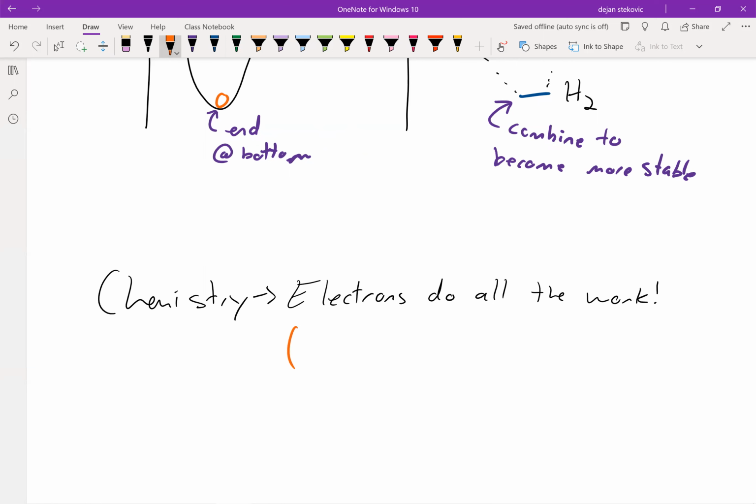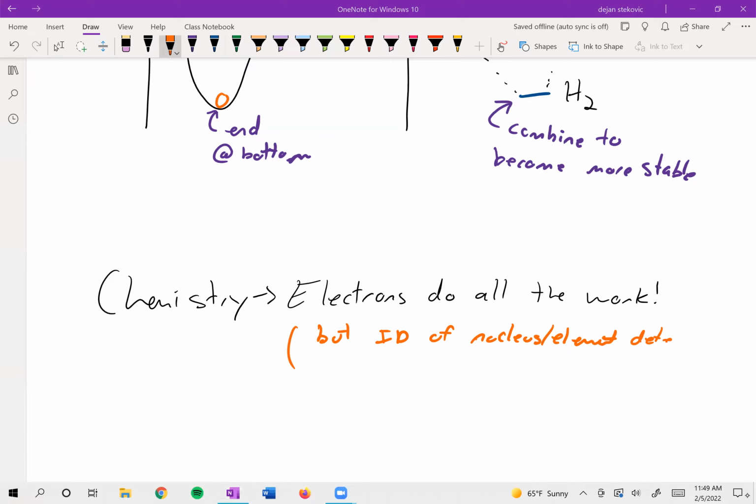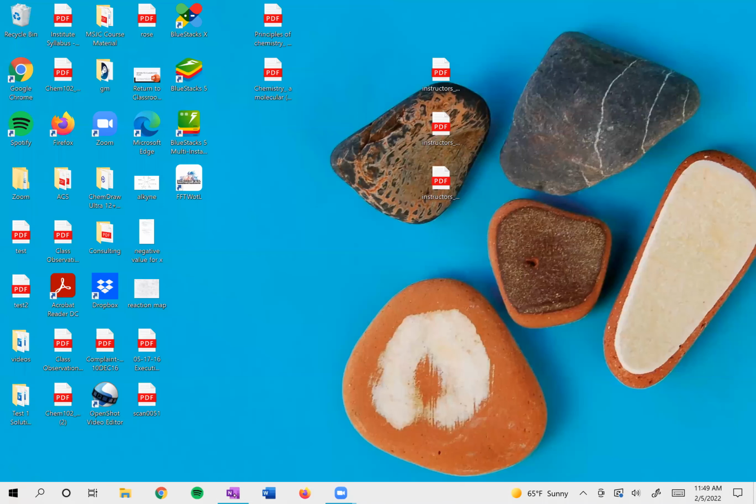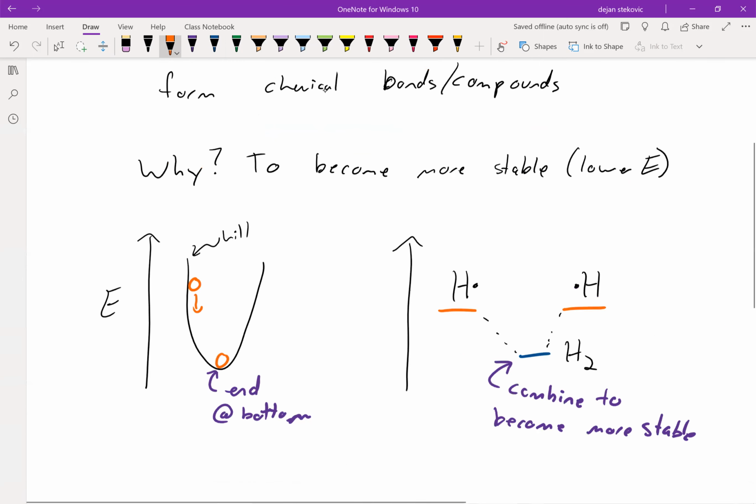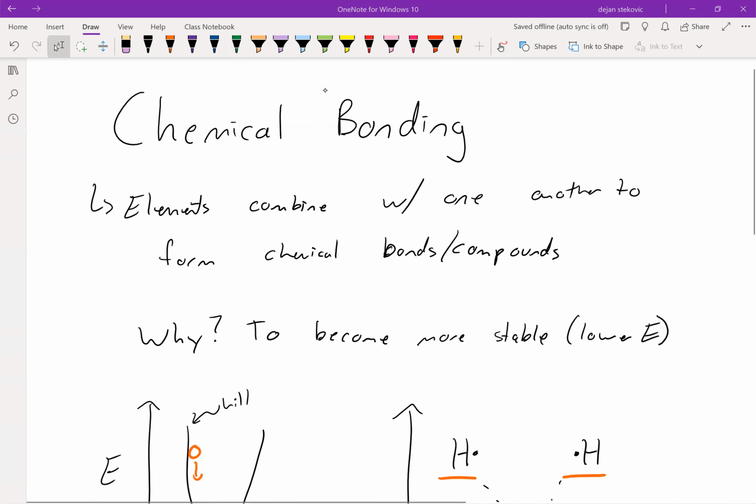So the ID of the nucleus / element determines what they do. So what we'll spend on this section is talking all about chemical bonding.